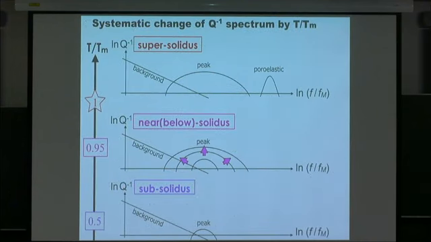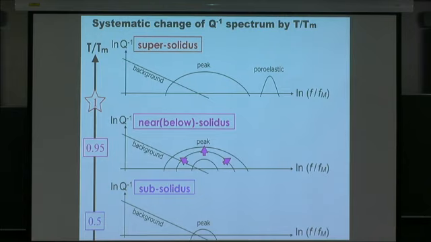And here, the systematic change of the attenuation spectrum by homologous temperature is summarized from subsolidus, near but below solidus, to supersolidus temperatures. At about 0.95 homologous temperature, the peak dissipation is broadened.